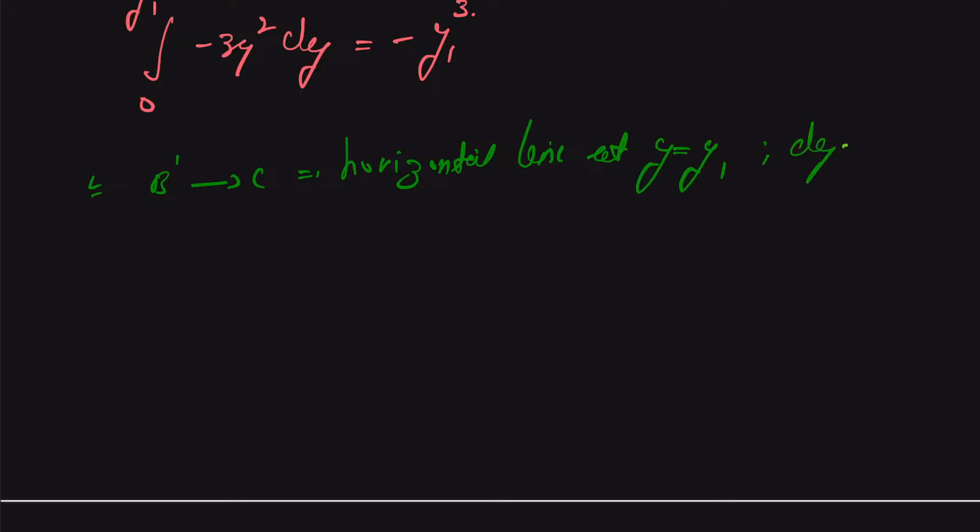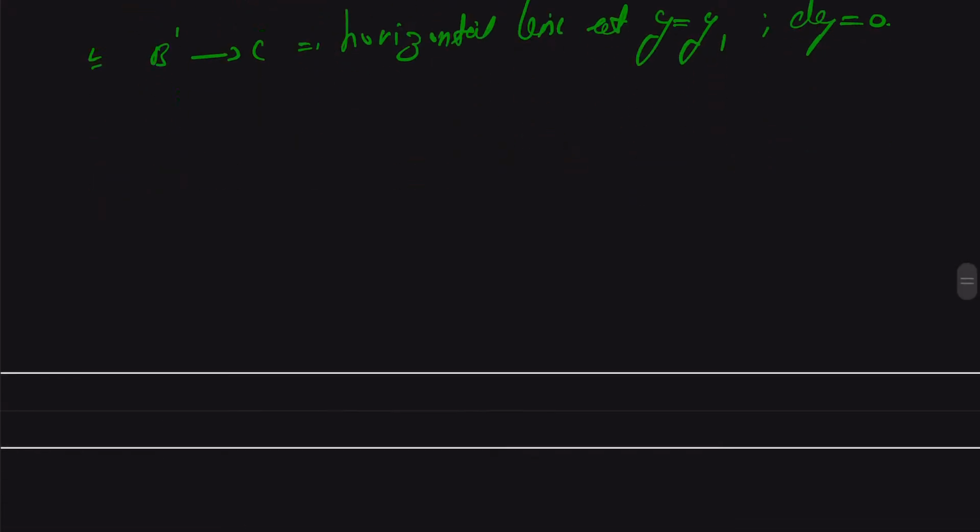So obviously dy will be equal to 0. Therefore, we get that our E dot dl will be equal to only the x component, and the x component is 6x y1 times dx, and we can just integrate it from the limits 0 to x1.